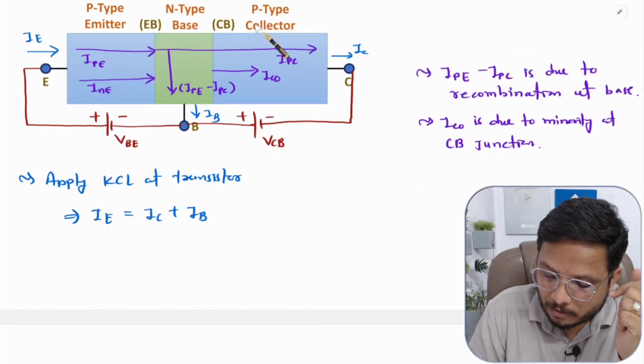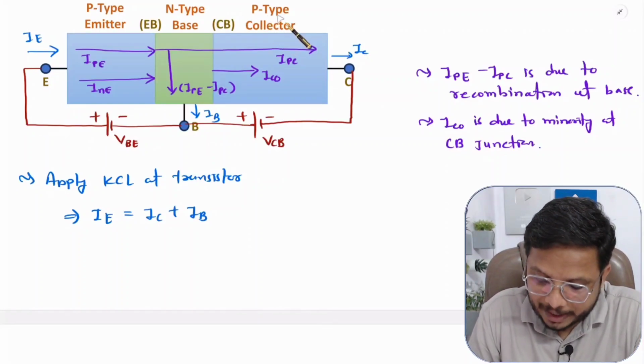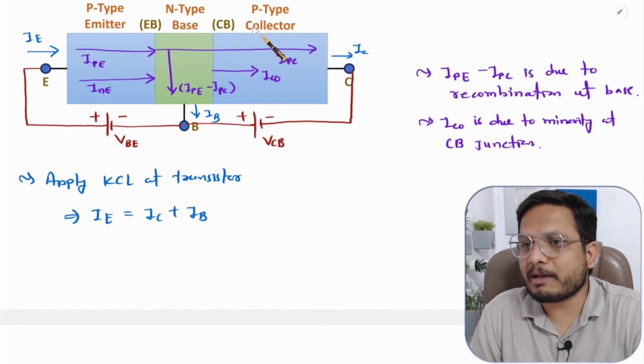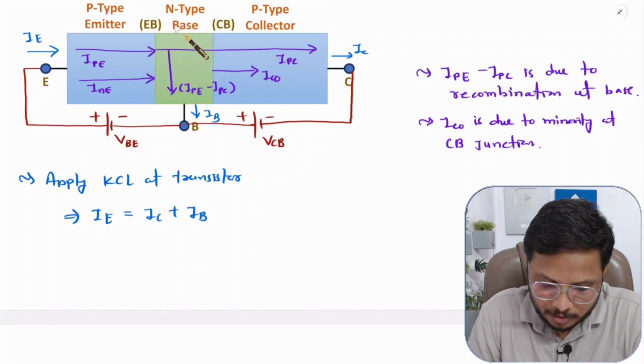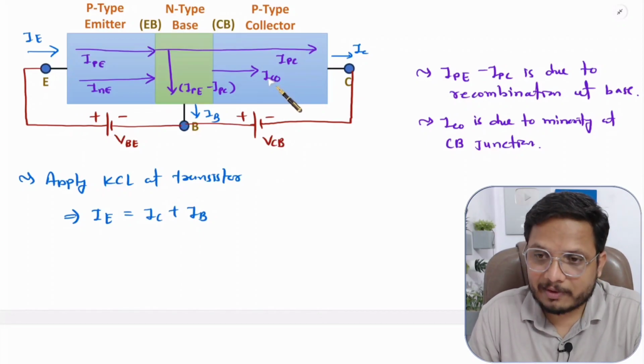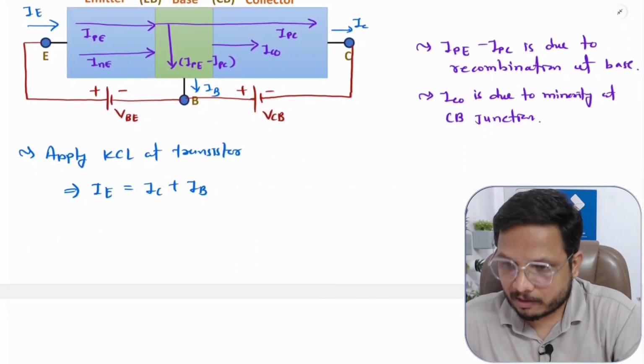But here if you observe, we are having a P-type collector and N-type base, and the collector has a higher doping concentration compared to the base, right? So the value of PICO will be higher. Let me note it down so that it will be more clear for you.